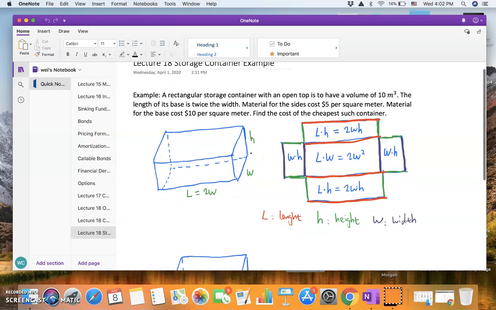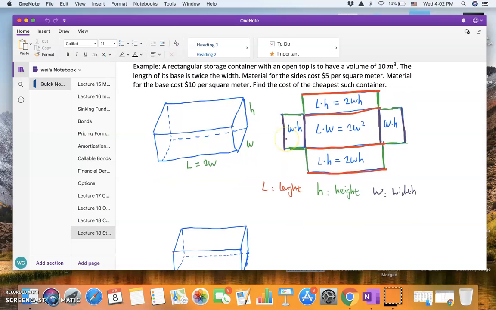Now I want to determine which quantity I'm going to optimize, because the problem says to find the cheapest cost. So in this problem, the quantity we are going to maximize is the cost of making this box. Here, since we're looking for the cheapest cost, we are minimizing the cost.